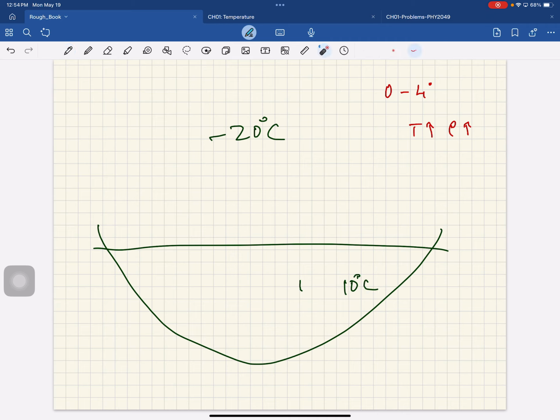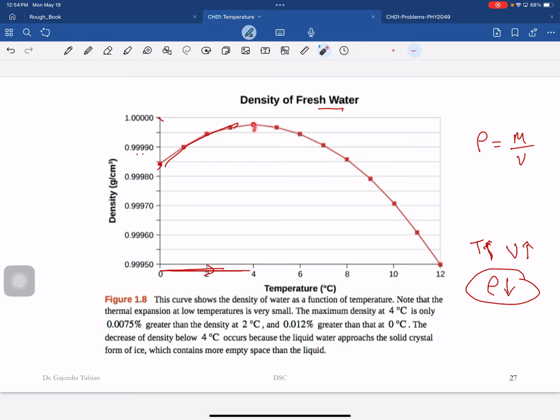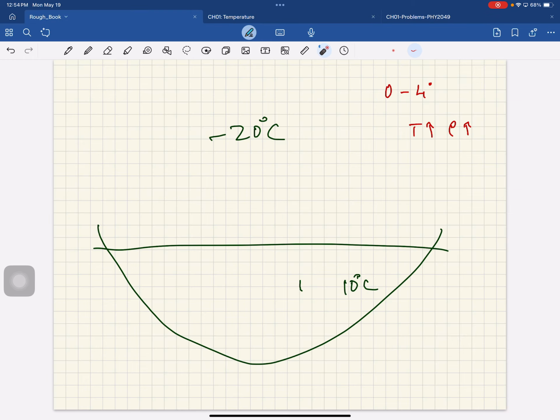This is warmer than that. Heat will start flowing from here. Let's say this top layer cools down to 4 degrees Celsius. What has happened at 4 degrees Celsius? The density begins to decrease. At 4 degrees Celsius, its density is the highest, and that water will sink.